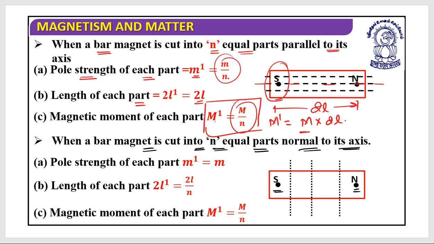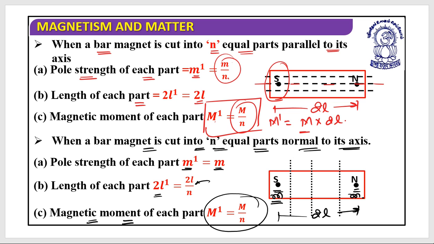If you look at this, the pole strength remains as it is, so m dash equals m, but the total length is divided, so it becomes 2l by n. So now the magnetic moment of each part would be m dash equals m by n.